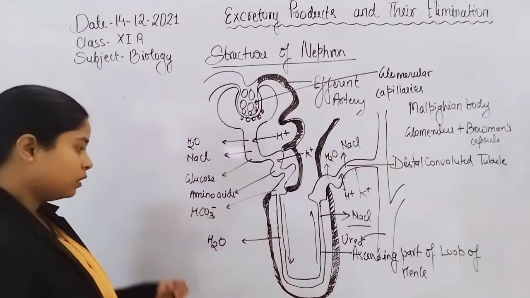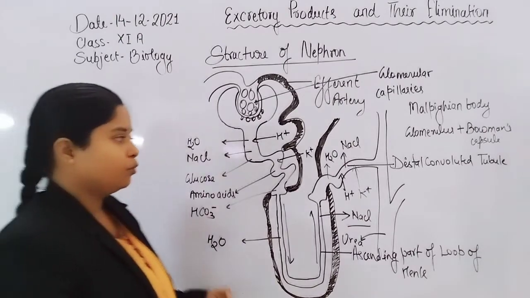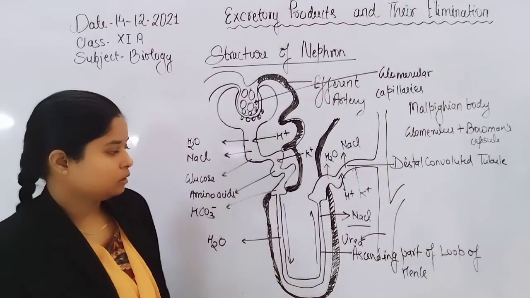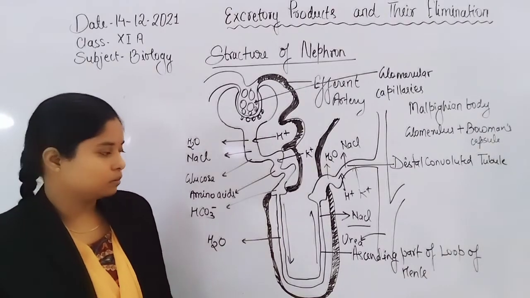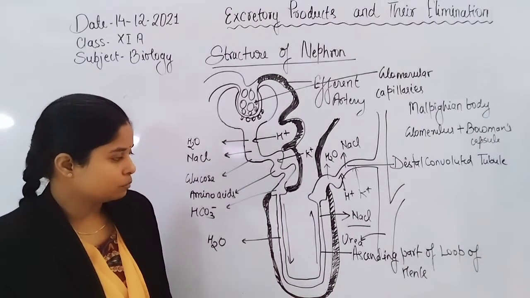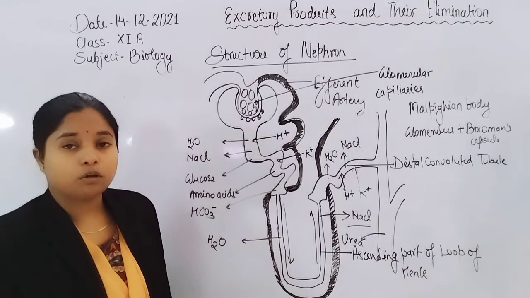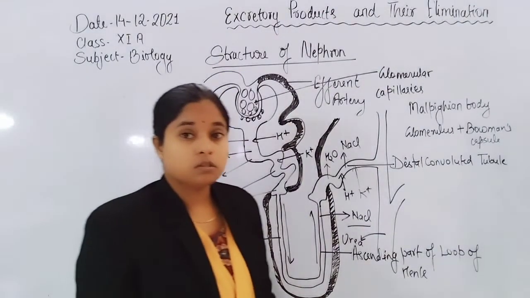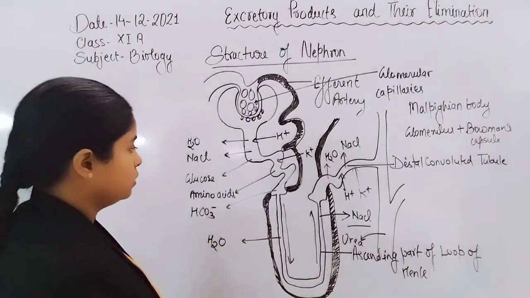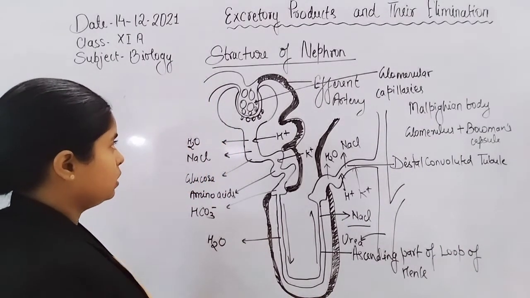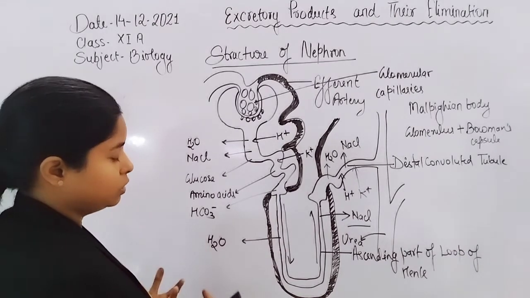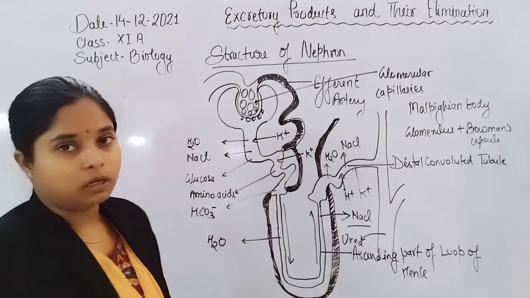Now the fluid is converted into urine in the collecting duct, at the end of the renal tubule. So this is the overall function of the nephron that we have discussed in this section: what nutrients are reabsorbed during the process, and how urine formation occurs through the nephron.